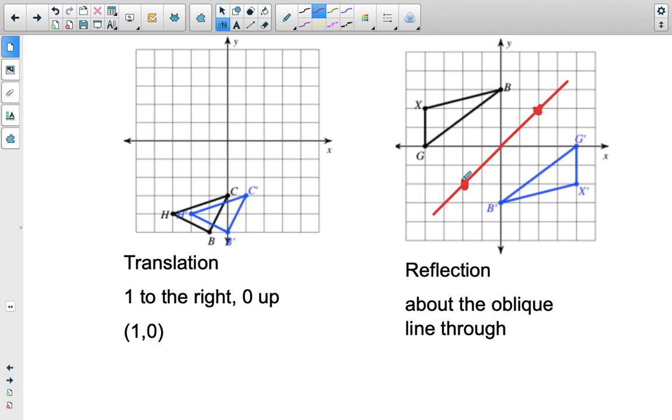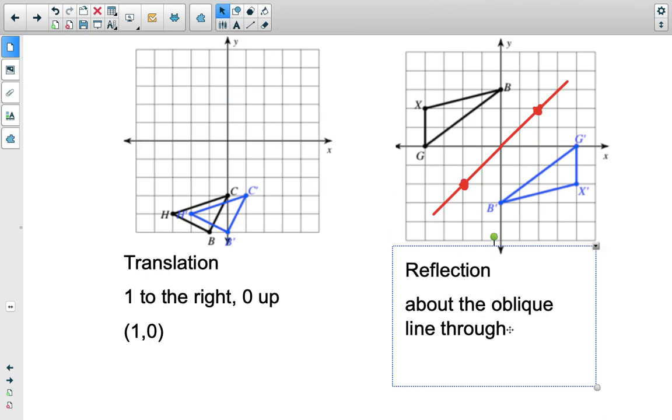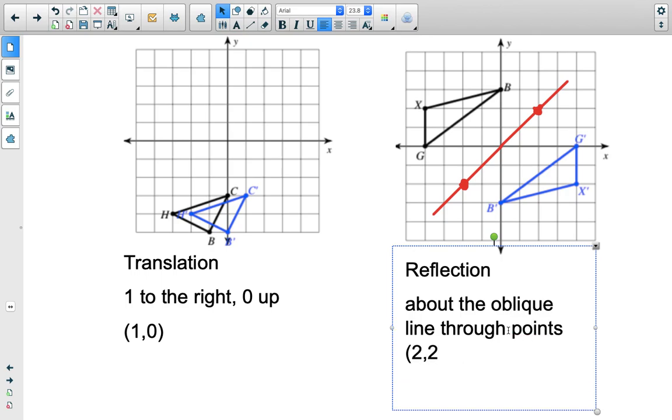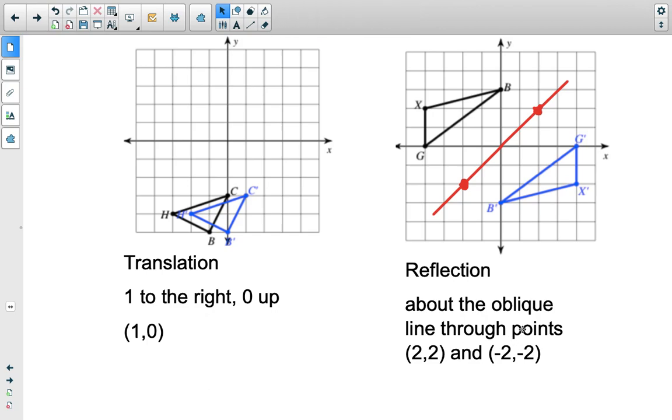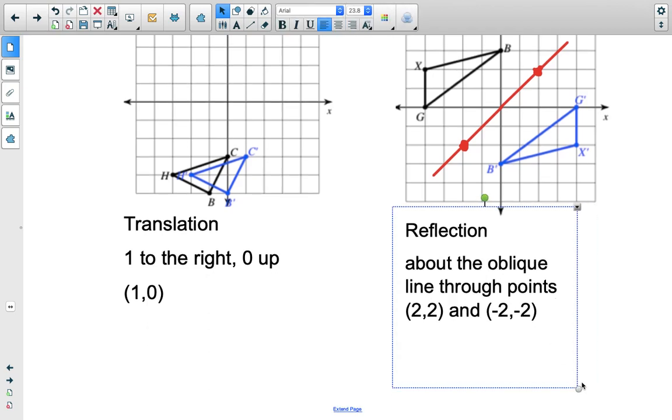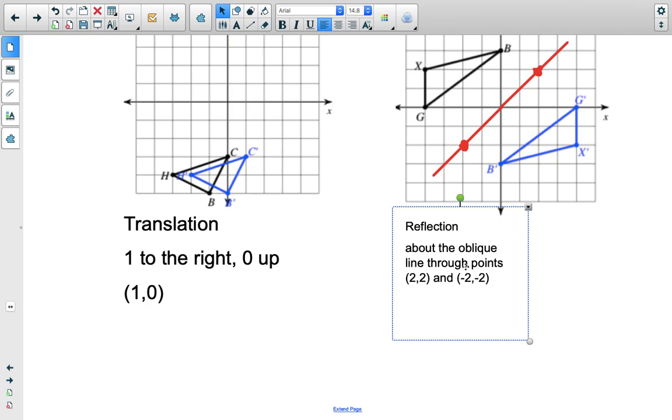I just picked 2 random points on the line. So that's 2 and 2, and this one's -2, -2. So it's an oblique line through points (2, 2) and (-2, -2). So it is a reflection, and it can also be a rotation.